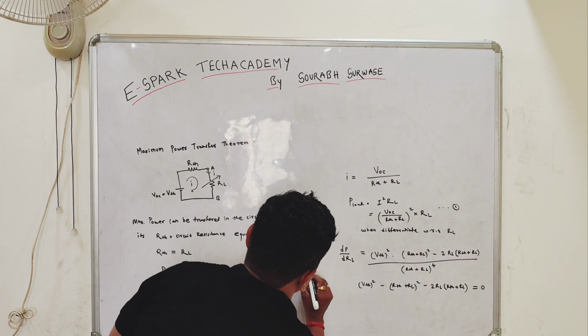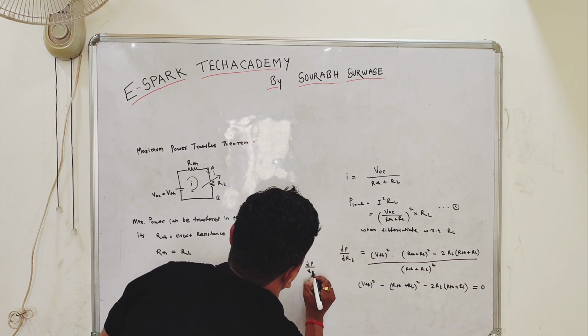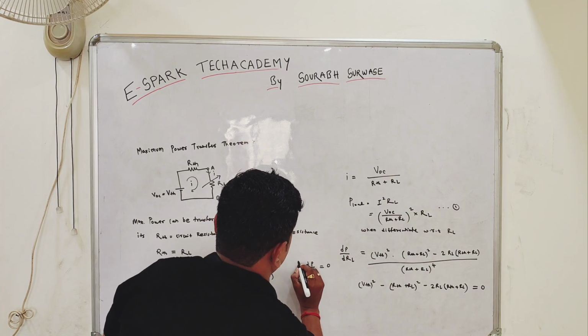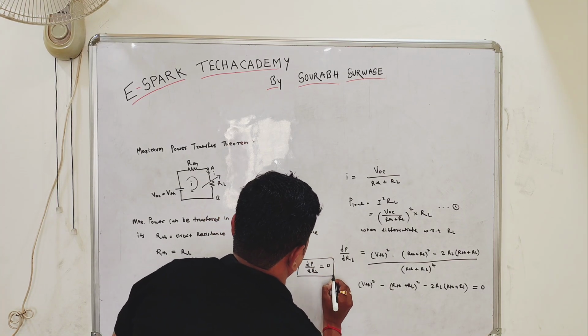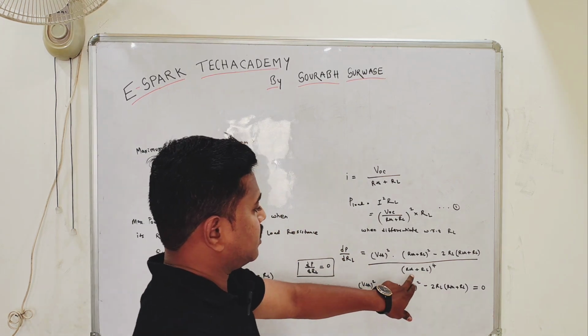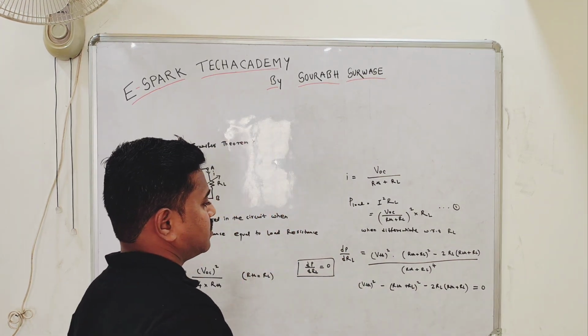We will equate this dP by dRL equal to 0, as the denominator will be multiplied by 0, hence the denominator will become 0 in this case.